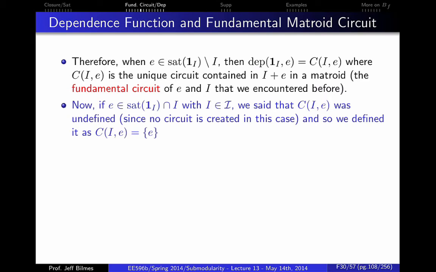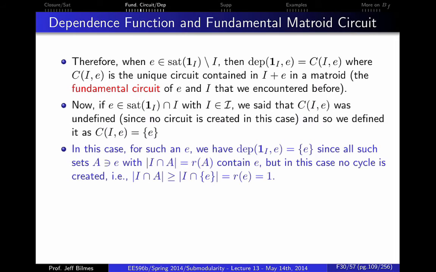So remember before, we gave this very curious definition of what happens when we ask for the fundamental circuit and E is in I. If E is a member of I and we ask for what C(I, E) is, we just define it to be equal to E. So now we will discover why we did that, and the reason is that dep is equal to that.